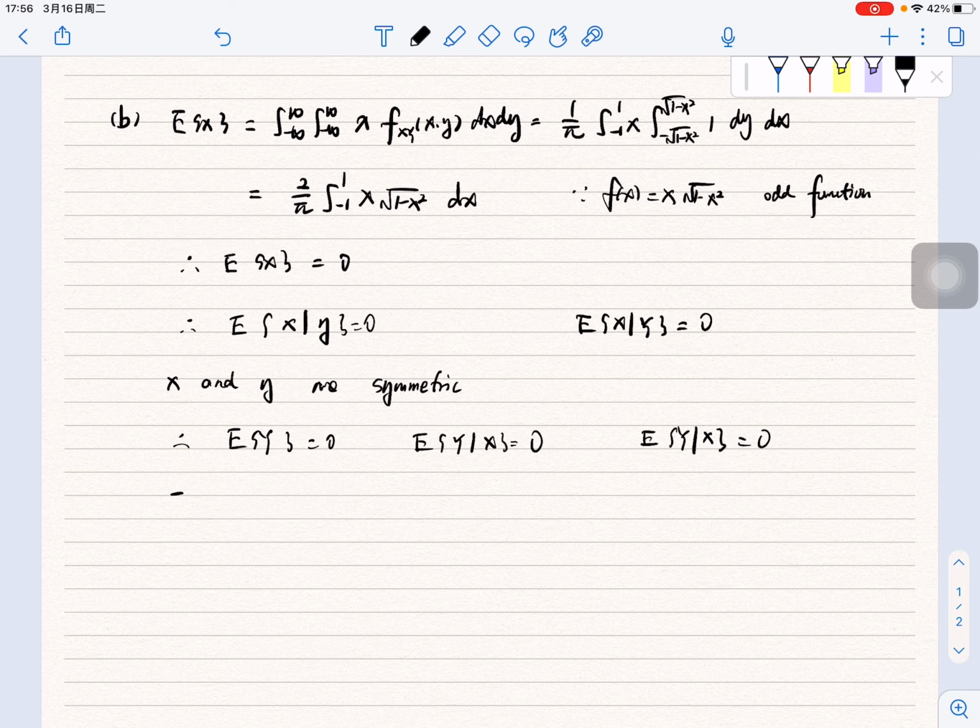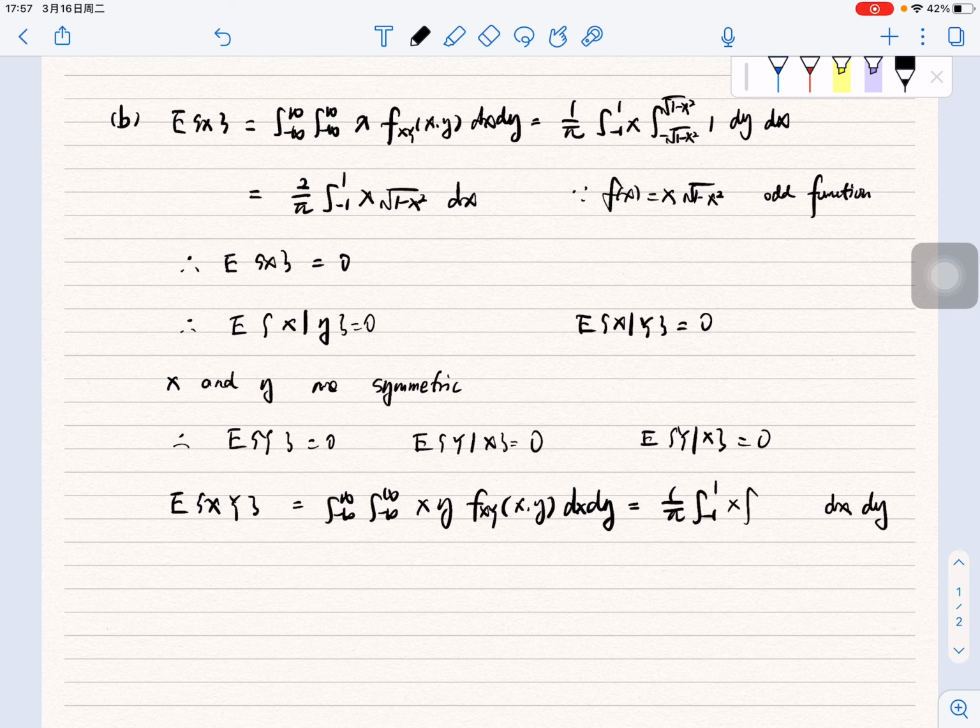We can also calculate the expectation of XY. It equals the double integration of xy multiplied by f_XY dx dy. It equals 1 divided by pi. Here dy from minus 1 to 1, and x, here dx. Oh, here the outer layer is dx.